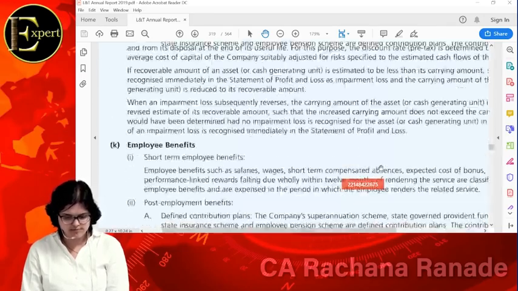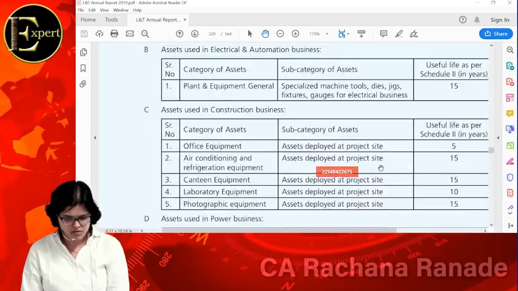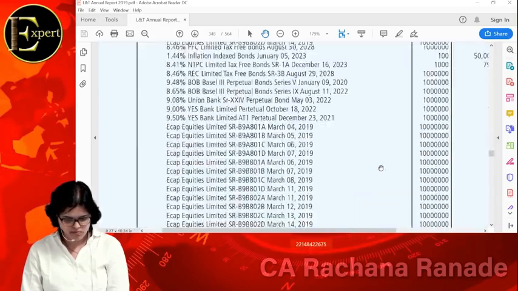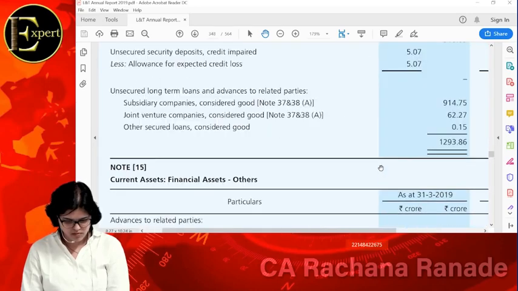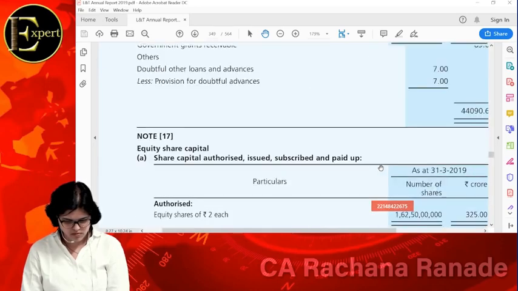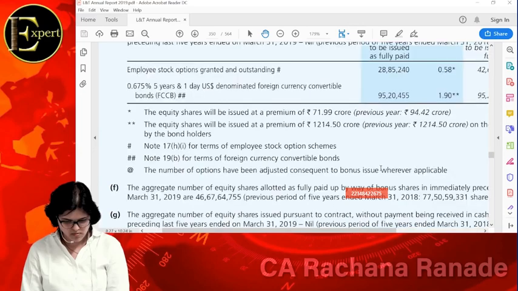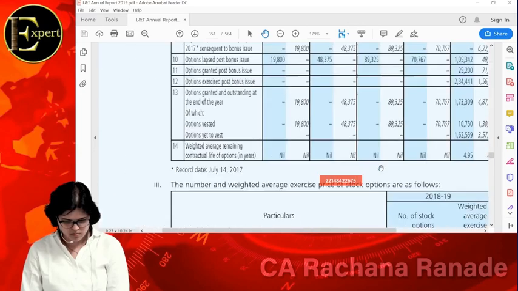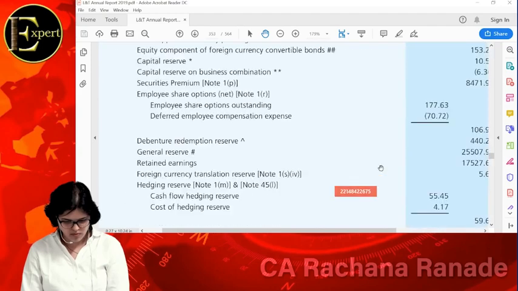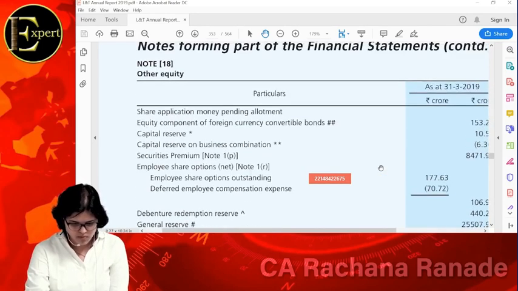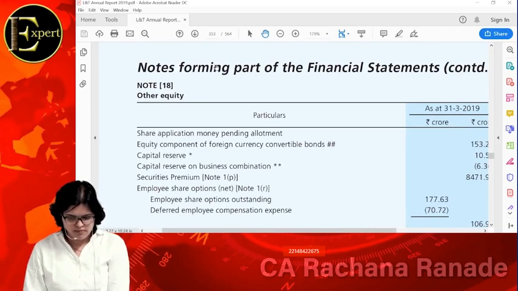So I'm just scrolling down. Here starts note number 18.